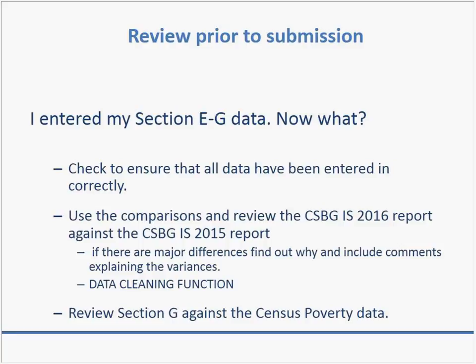We also have data cleaning functionality built into the database that we will talk about later. Another thing you can do is review Section G against your census poverty data. For example, if it appears that you're serving 20% of your total population in poverty, there may be some data inaccuracies within Section G.